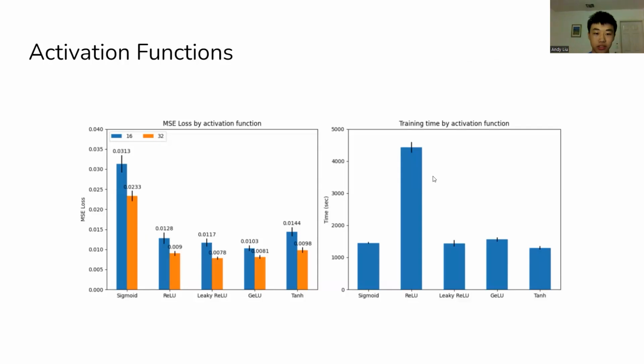From our results, we can see that all functions except the sigmoid performed decently well in reconstruction accuracy, while sigmoid had significantly more reconstruction error than the other functions. However, ReLU did take a long amount of time to train, which is less of a problem in actual applications, but in research, it's preferable to have lower training time.